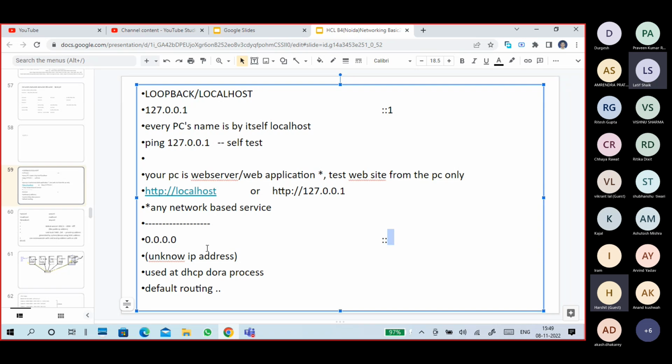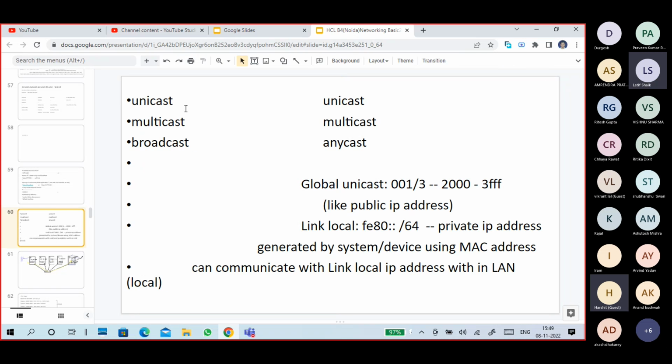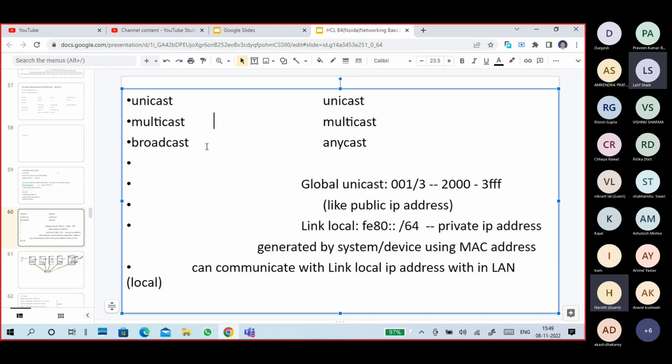Similarly, :: represents 0.0.0.0, an unknown IP address used for certain sources. Of course, in IPv4 we have unicast, multicast, broadcast, but in IPv6 we have unicast, multicast, anycast.